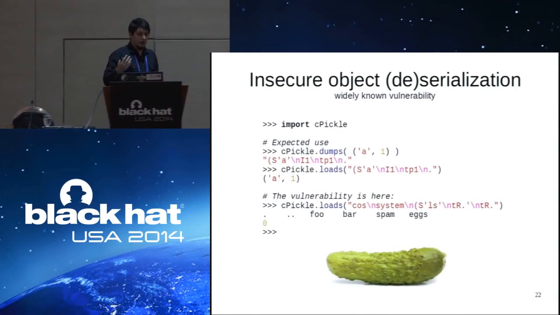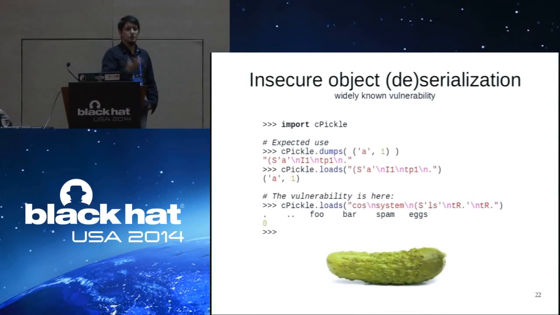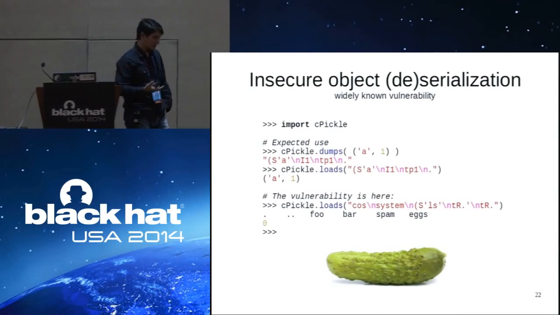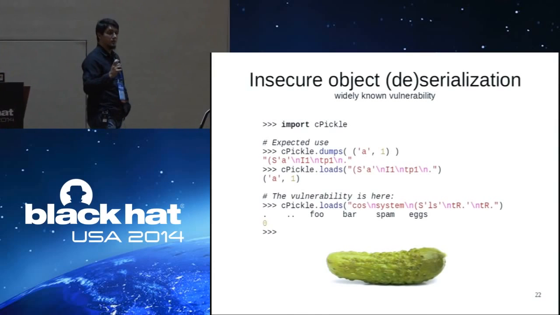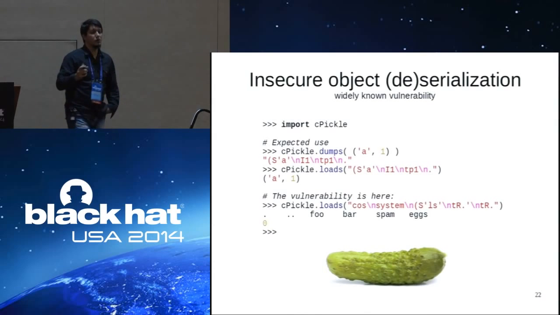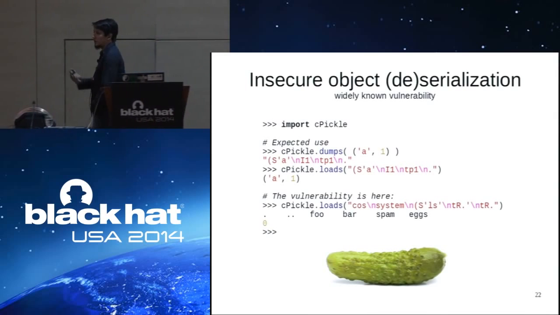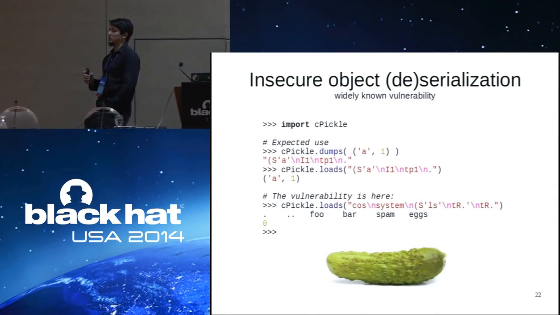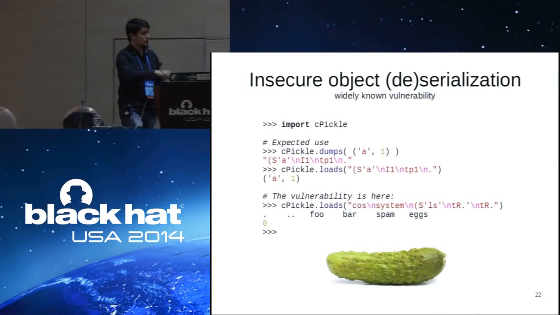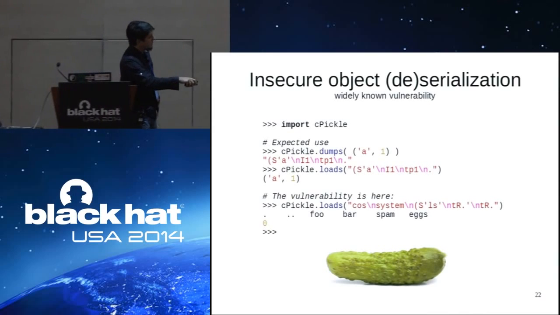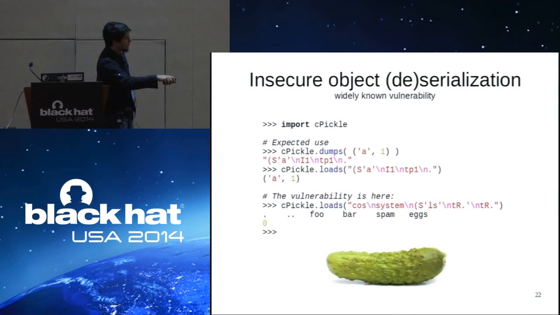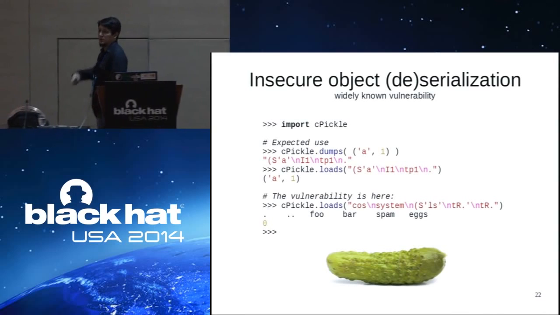But there is a vulnerability in the way that Pickle works: if you control the string that's going to be deserialized, you can execute arbitrary commands in that system where you are deserializing the string. And that's what you see there, right? You say pickle.load the string, and you load an arbitrary string, and you execute commands.